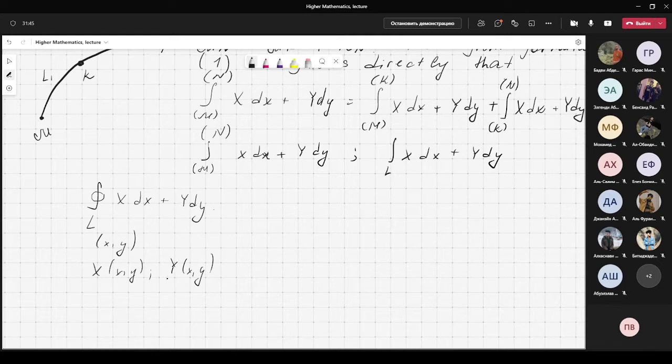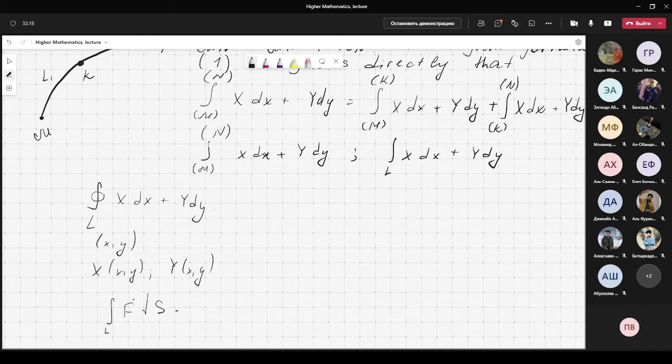For this reason, the line integral of the form integral over L of X dx plus Y dy may be regarded as an integral of the vector function F given by the projections X and Y. The integral of a vector function F over the curve L is denoted by the symbol integral over L of F ds.